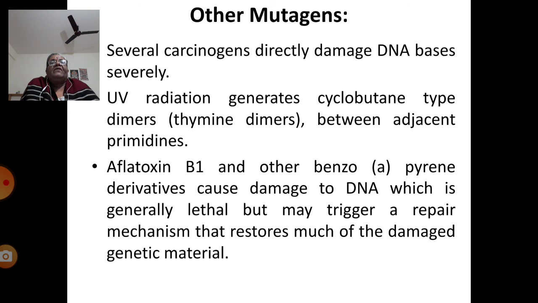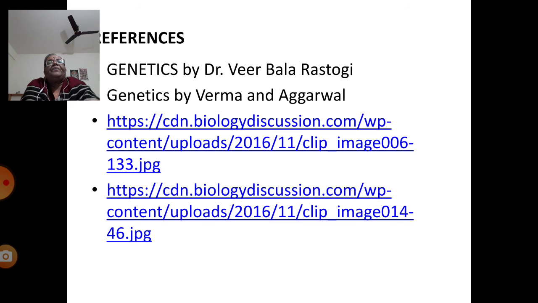Then aflatoxin B1 and other benzopyrene derivatives cause damage to DNA, which is generally lethal but may trigger a repair mechanism that restores much of the damaged genetic material.